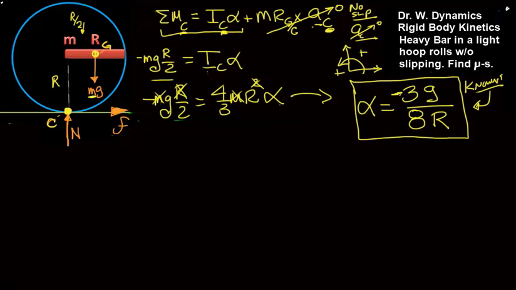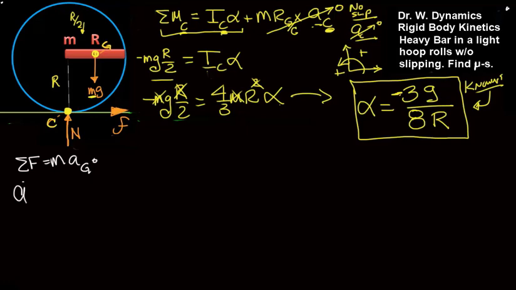Okay, our next step will be to try to relate this normal, the friction force, and mg. And the best way to do that would not be with another moment equation, but let's use Newton's second law. Sum of the forces is m a_G, and that will relate all these values.